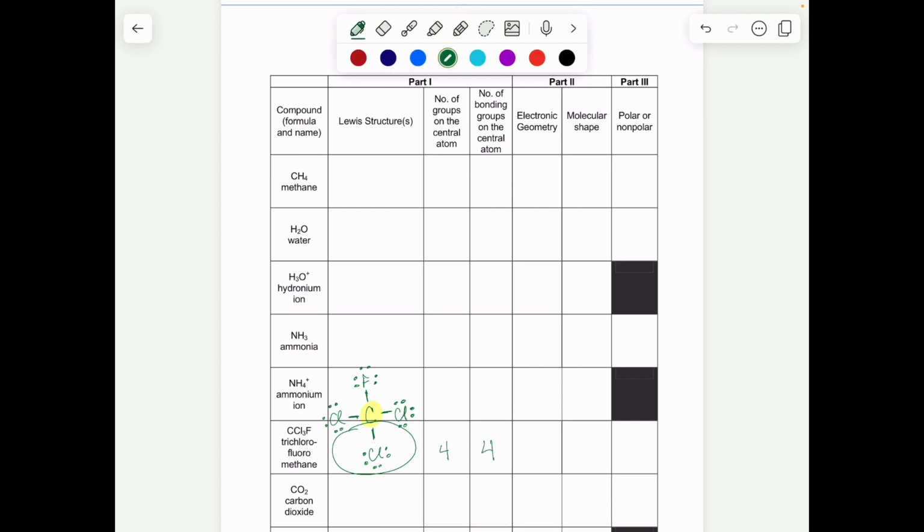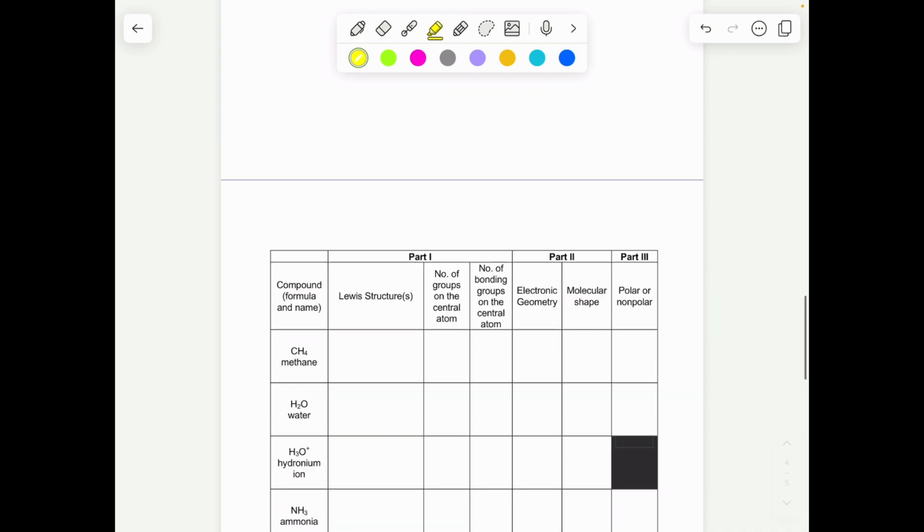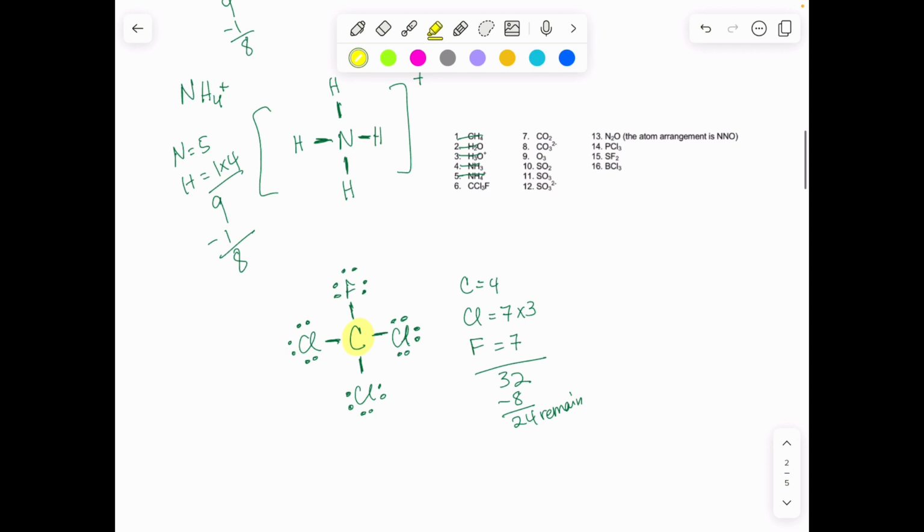All four are bonding, and so that's a tetrahedral. All right, so getting that Lewis structure as you move into the next part, you got to look at the central atom to answer those questions, and I'll let you finish that one up, but that gets you started on this one.